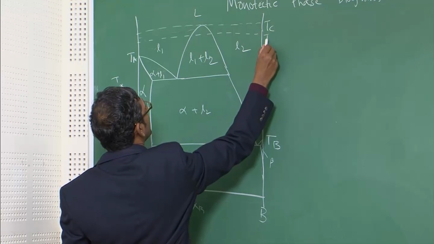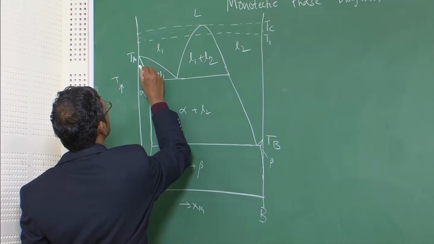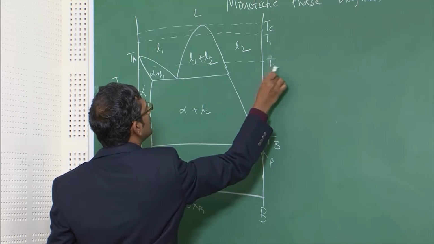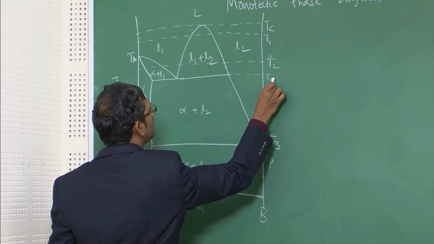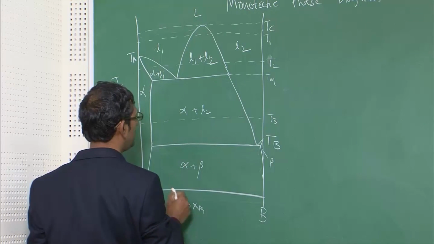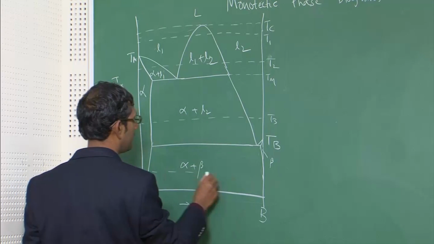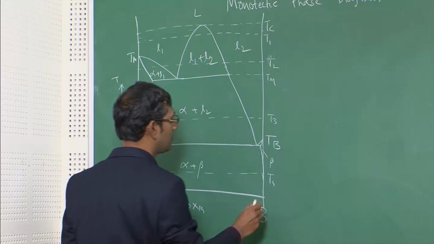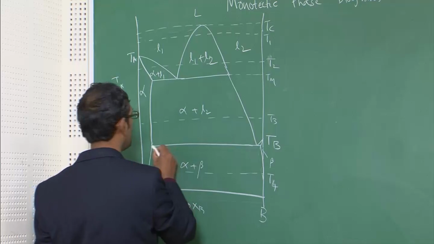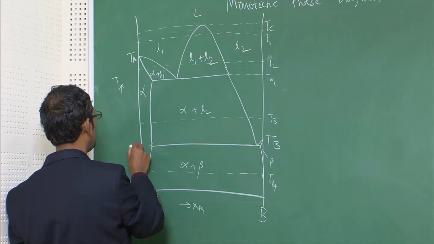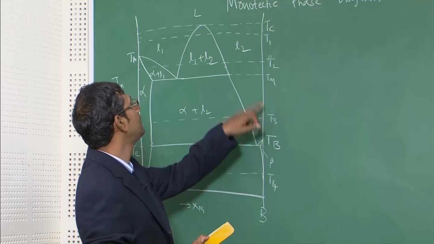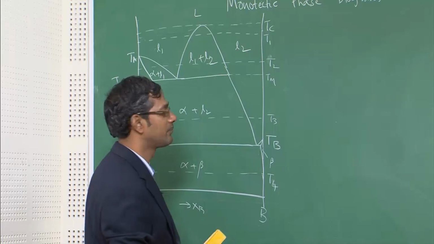This is at T1, then this is at T2, this is Tm, T3, Tb, and at temperature T4. So, there are 5 temperatures: T4, the eutectic temperature, T3, Tm, T2, T1, correct.